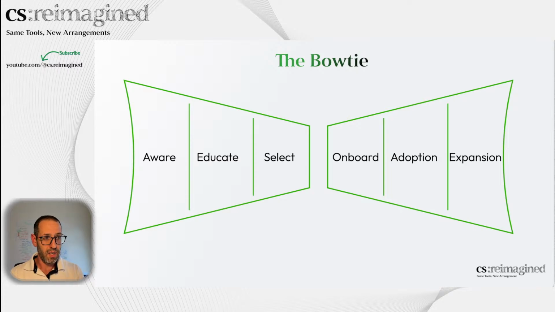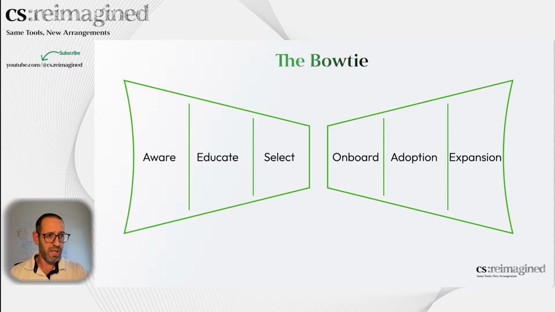And the customer success plan is that framework or that dynamic document that you need to build in order to help make the value run seamlessly and smoothly from one side of the funnel to the other side, where we can actually end up in expansion and advocacy and growth.